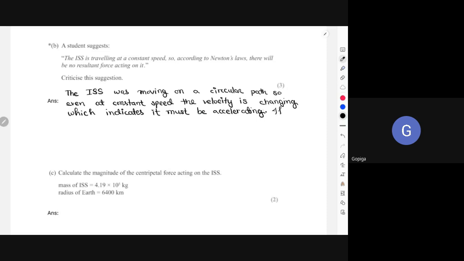And then again, if it is accelerating, some centripetal force. That is your final answer. Please read the final answer and let me know if you have any problem.